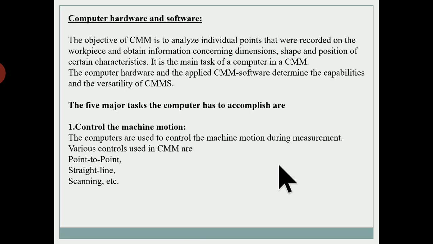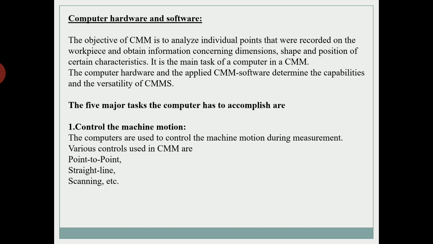Then the last component of CMM, that is computer hardware and software. The main objective of CMM is to analyze individual points that were recorded on the workpiece and obtain information concerning dimensions, shape, and position of certain characteristics.